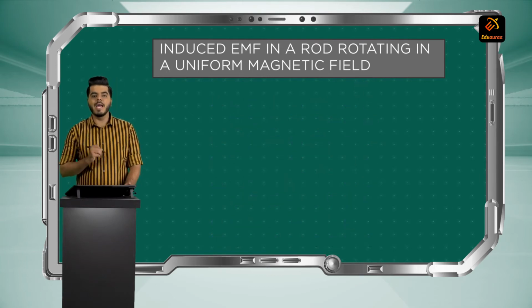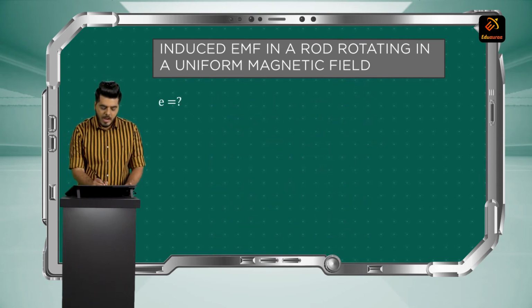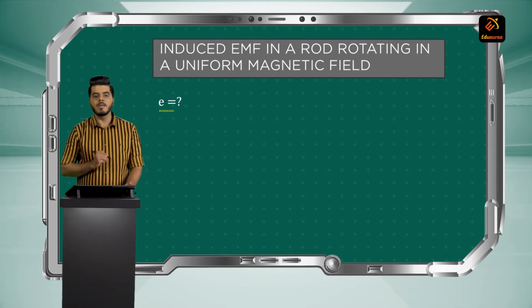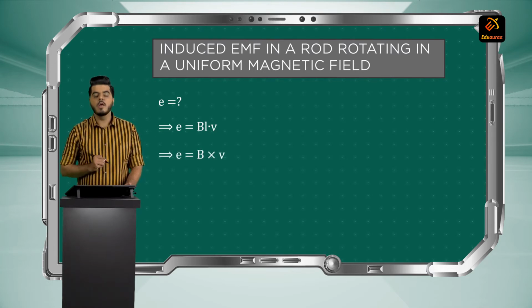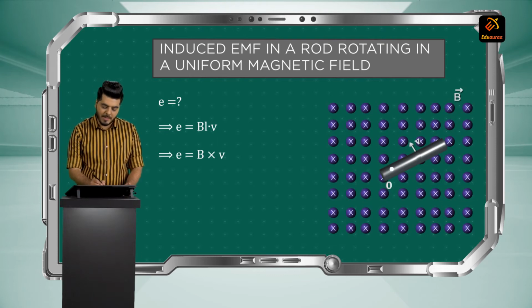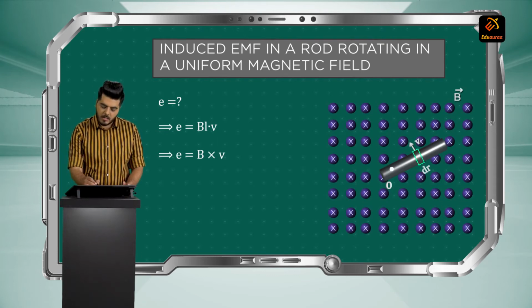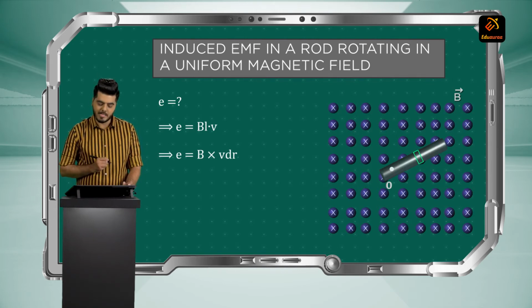Now, how to find the value of induced EMF? The basic formula of induced EMF is E is equals to BLV. That is, E is equals to B into V. If I am going to consider the small element, that is dr, I will be saying B V into dr, and due to the small induced EMF, that is dE.